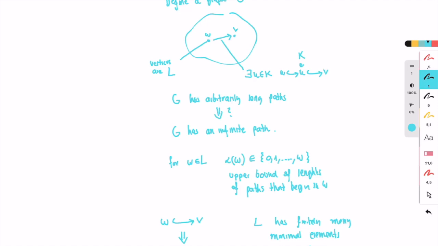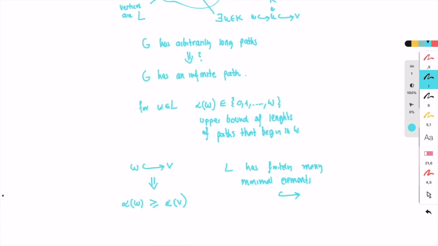So it follows that some W, some minimal element, has potential alpha of W equal to omega. You can see that my omega and my W look the same, which is a little bit wrong.